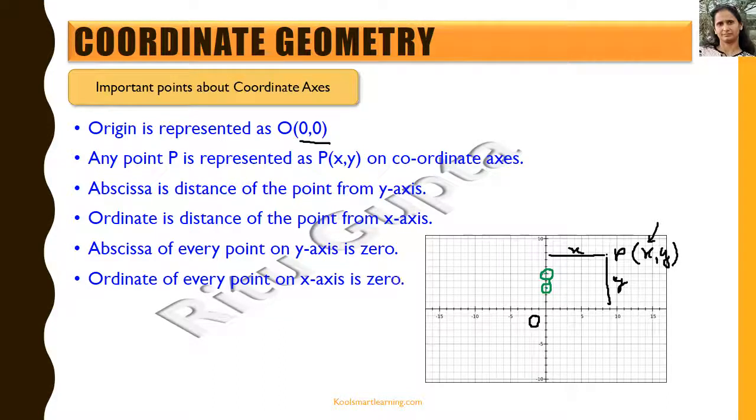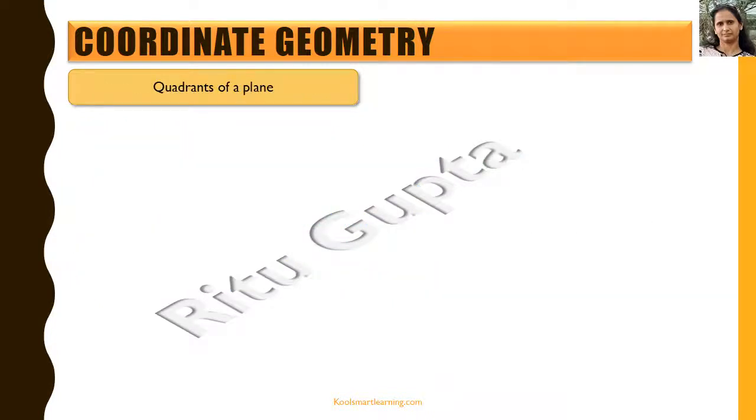Similarly, the ordinate of every point on the x-axis, say we take this point or this point, will be 0 because its distance from the x-axis is 0. This point lies on the x-axis, so its ordinate becomes 0.